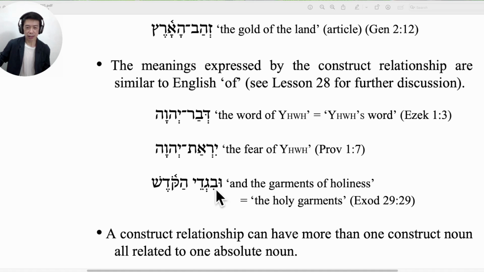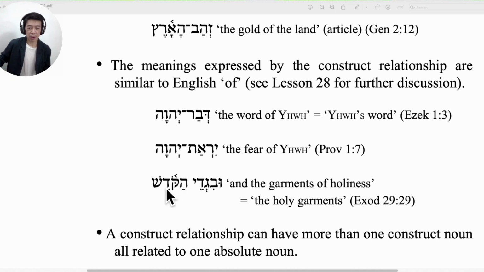That's because the word starts with bet. So u-vigdei ha-kodesh. U-vigdei ha-kodesh. So it's translated as "and the garments of holiness."